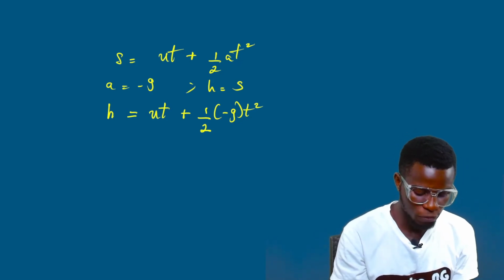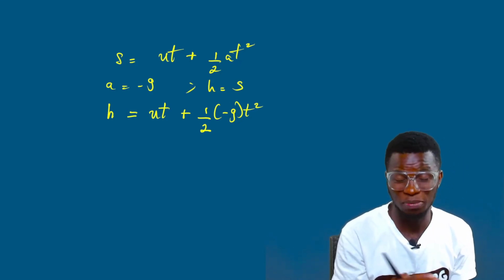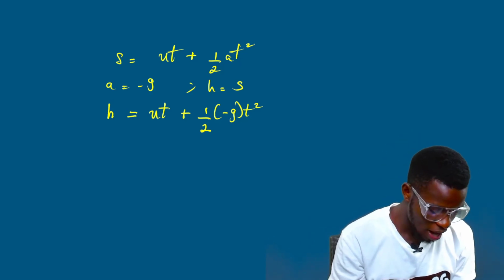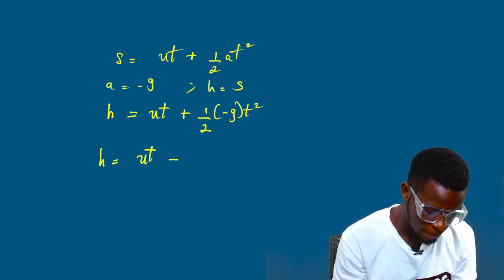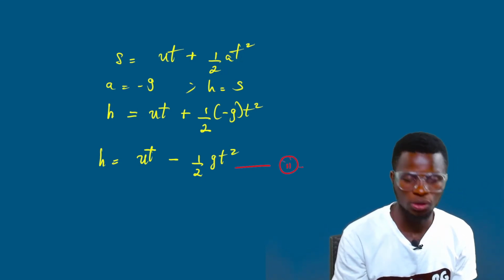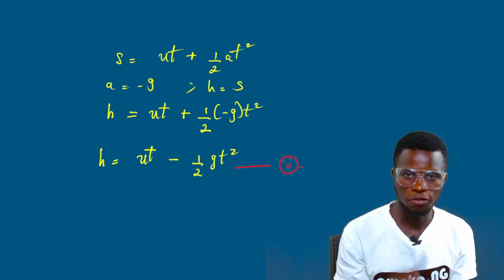If we simplify further, you have that h is equal to ut minus 1 over 2 gt squared, and this is the second equation under free fall.